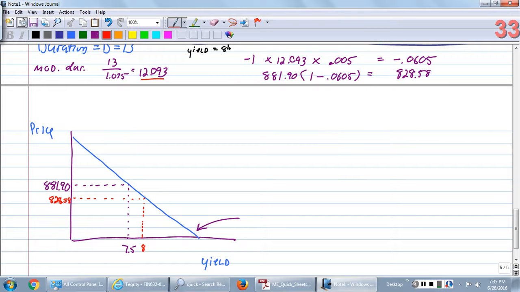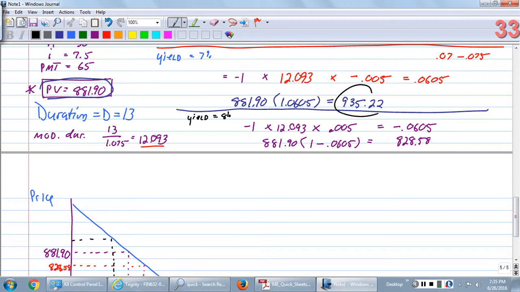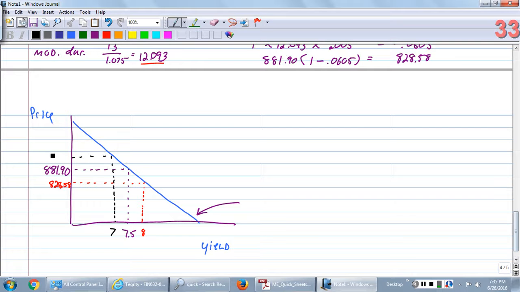And we said if interest rates went from 7.5% to 7%, the bond would go up, and we estimated that, I believe, I have to go back and look, it would be $935.22.